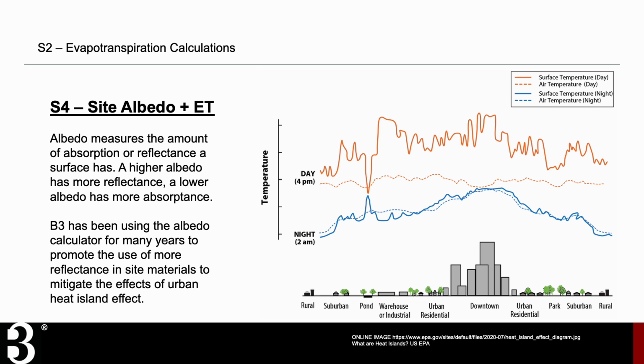With that in mind, we wanted to renovate the site albedo tool, which was primarily developed to help reduce urban heat island effect and encourage more vegetation on site, to be able to broadly calculate the evapotranspiration contribution of vegetated site areas to the overall volume reduction demands in S2 that are quite hard to hit, especially for sites that have some restriction.